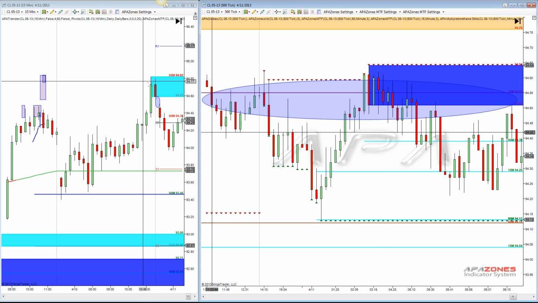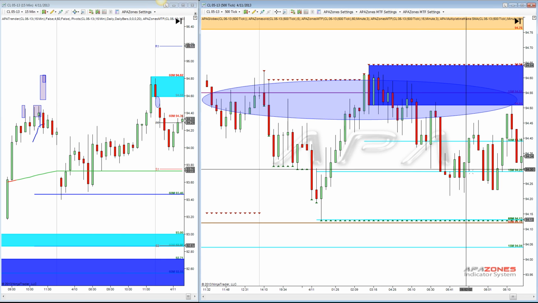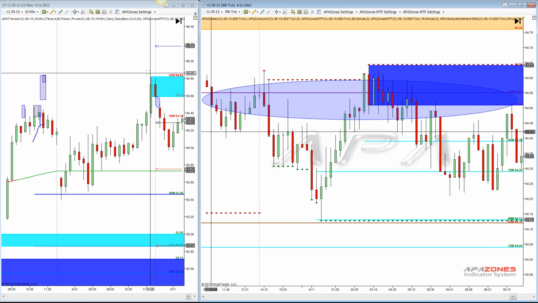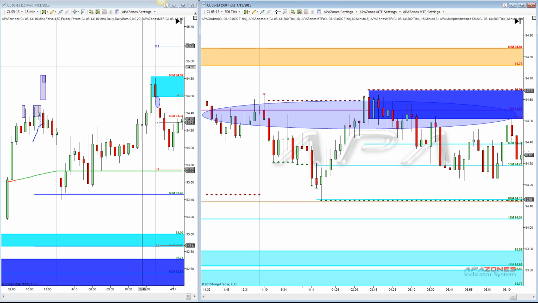So your 60-minute zones are going to vary in between these two time frames. Just realize that. So they're not going to line up perfectly, and that's just the way the world works. This leaves out all that Globex period of time, whereas this 60-minute zone, there's the bottom of the 60-minute zone, so the top of it is at 94.84, excuse me.